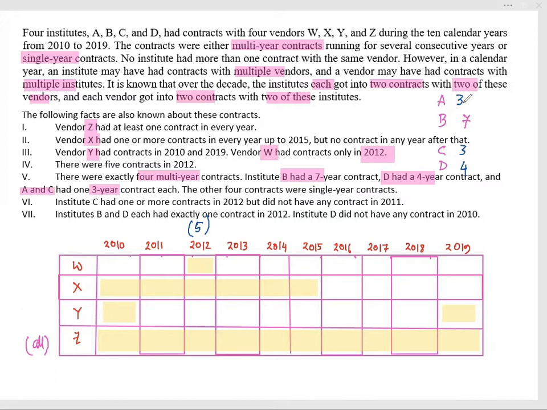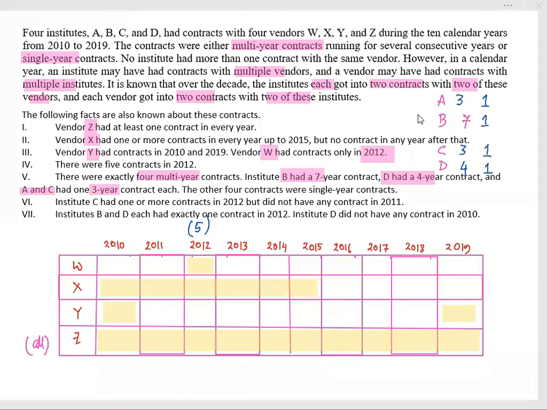And I know that every institute has 2 contracts. It is known that the institutes each got 2 contracts with 2 of these vendors. So basically 1 single-year contract will be there for A, 1 for B, 1 for C, and 1 for D. So this would be the next part.